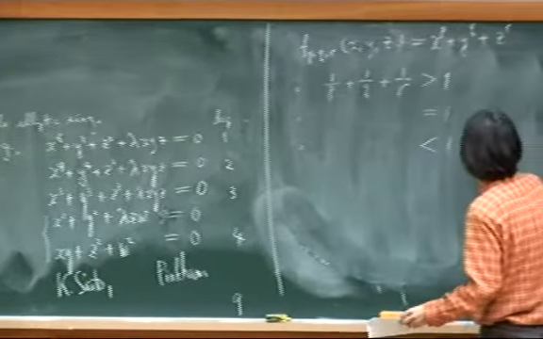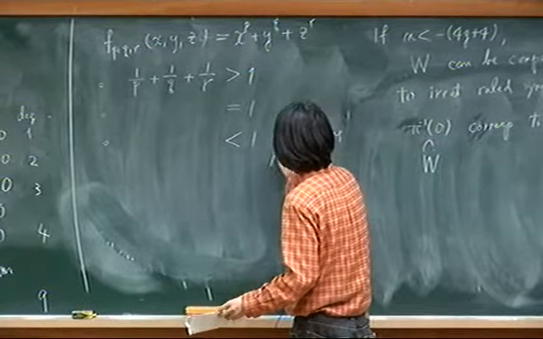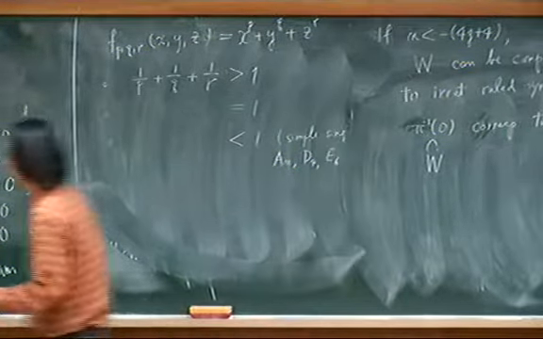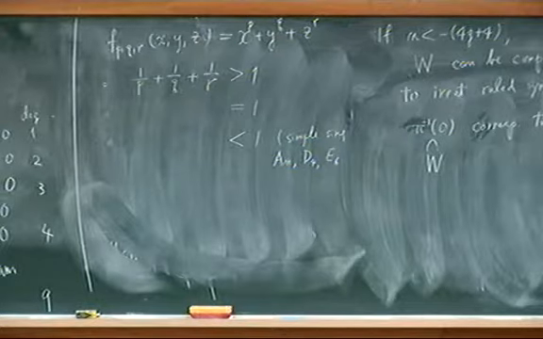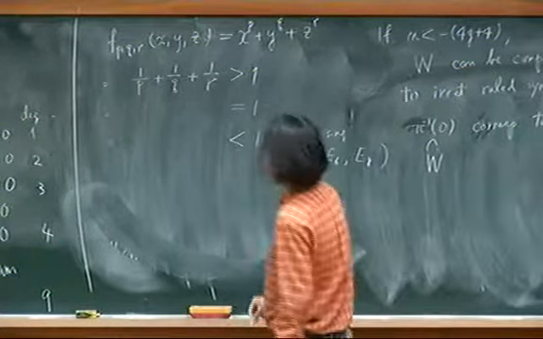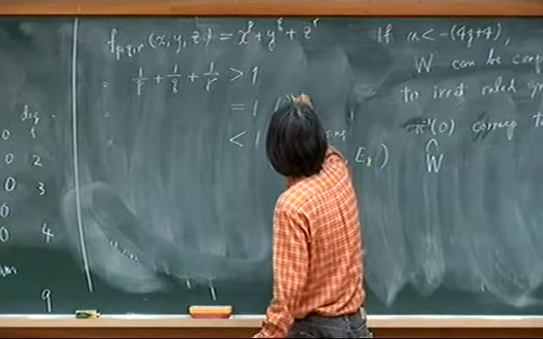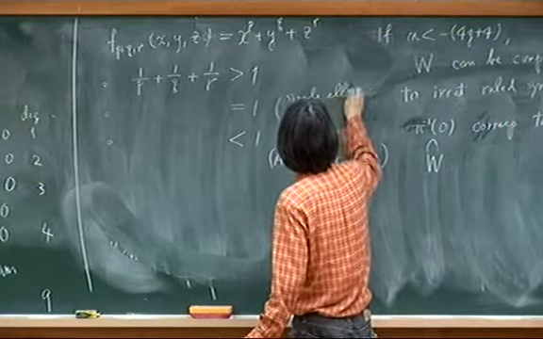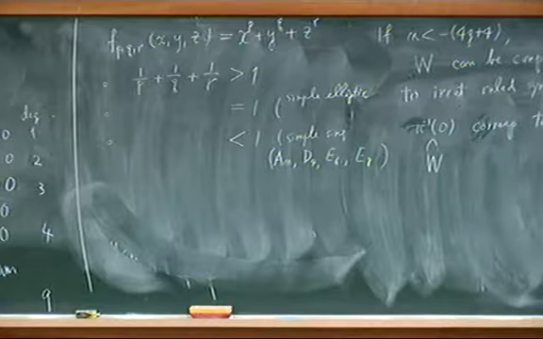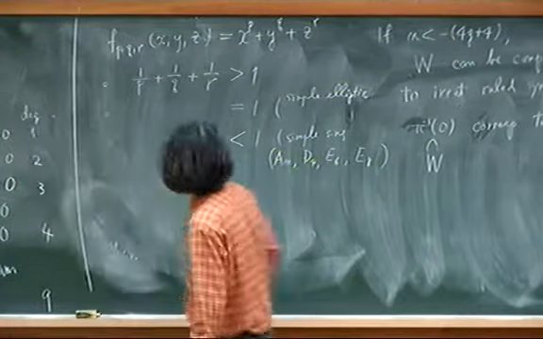Okay, so this corresponds to simple singularities of type A_n, D_4, E_6, E_7, E_8. Such things appear in this story, and here we have simple elliptic singularities, and the degree must be 1, 2, 3, right?